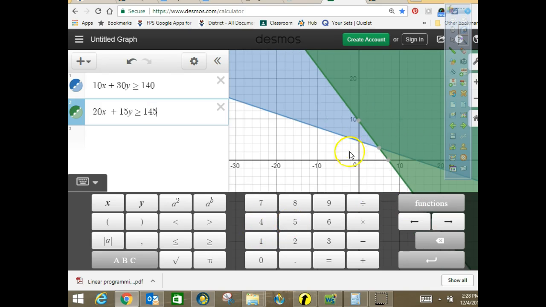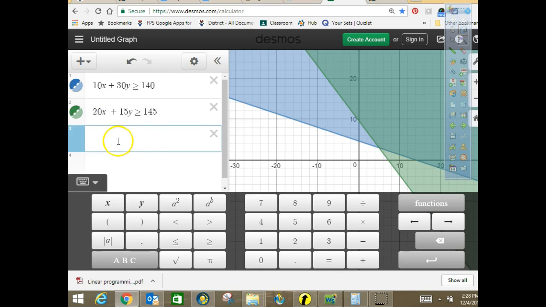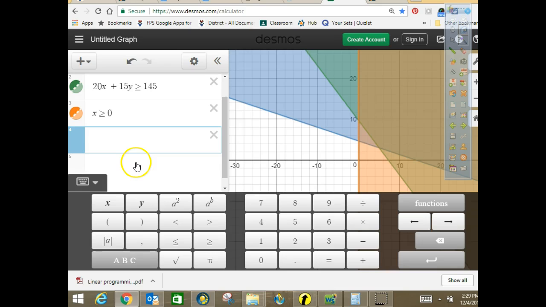Okay, so far we are looking at this dark green area, right? How do you change the color? And now we want to put in that x is greater or equal to 0, and y is greater or equal to 0.